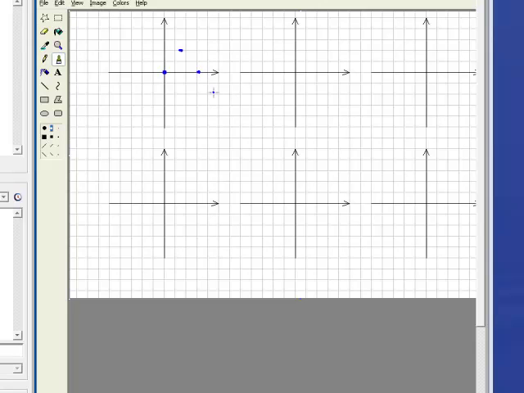Then we have 3 pi over 2, which is 4.7, so we're roughly here, and negative 2, and then we have 2 pi, which is 6.28, and 0, so we're roughly here.